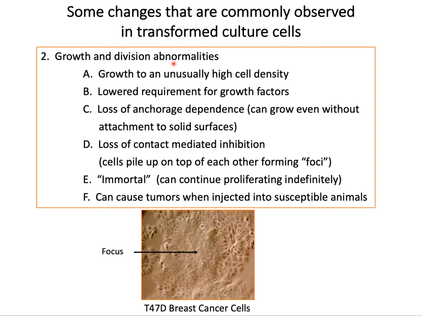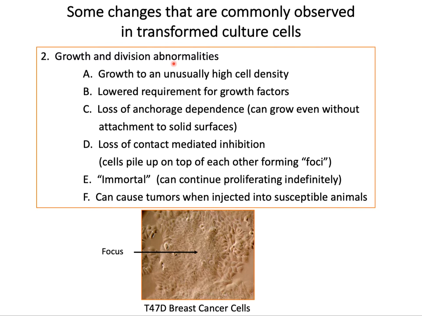They don't actually require growth factors to divide. You have this loss of anchorage dependence. You have this loss of contact-mediated inhibition. The cells are sometimes referred to as immortal. In the beginning of the semester, we talked about growing primary cells in culture, and I mentioned that there is usually a finite number of doublings of these cells, 50 to 100 doublings of normal cells.